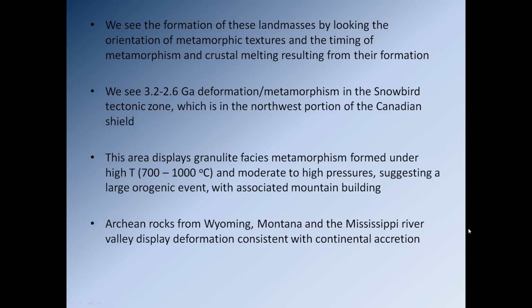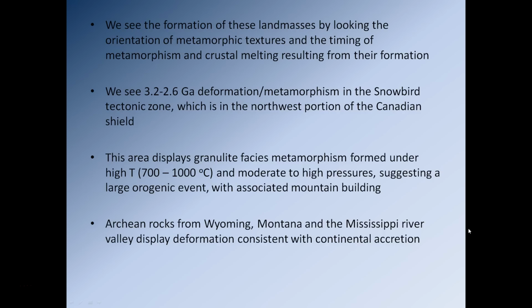So what we see is between 3.2 and 2.6 billion years ago, deformation and metamorphism in the Snowbird tectonic zone, which is in the northwest portion of the Canadian Shield. That's an indicator that in that zone we had two pieces of crust coming together.